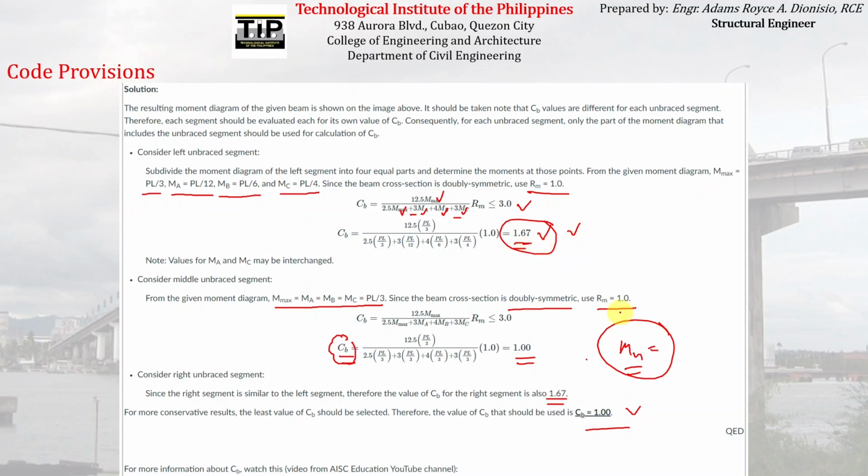Because if we use 1.67, the nominal capacity will be 67% larger, and we don't want to declare that the nominal capacity of our flexural member is as much as 67% higher.